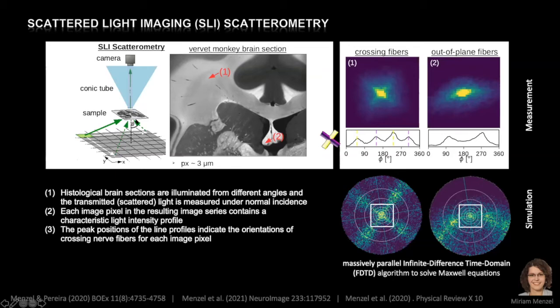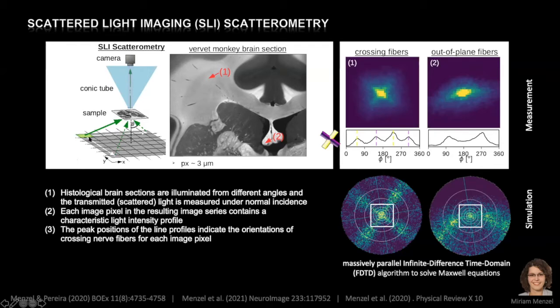And what do we do here? So we have a sample and we have a monitor with accessible individual pixels, and we can switch on regions of pixels to illuminate the sample, not directly, but from the side under different angles. And then we simply measure, always at the same position, under normal incidence, how much intensity is collected.